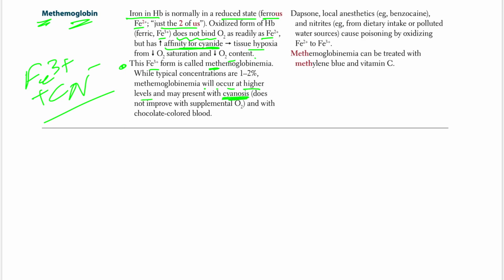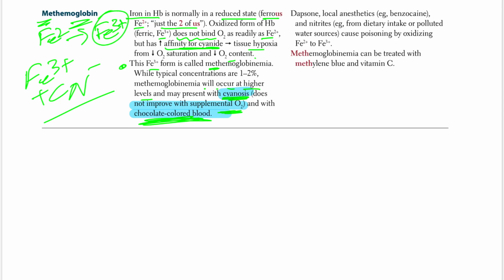Cyanosis does not improve with O2, and there is chocolate colored blood. Three things, high yield: cyanosis, does not improve with O2, chocolate colored blood. And what is methemoglobin? Fe2 goes into formation of Fe3, and Fe3 doesn't bind O2.